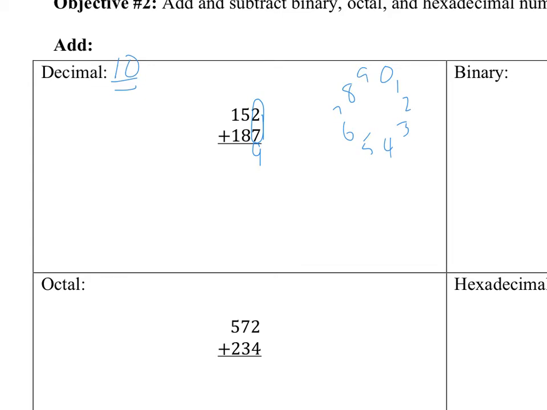The moment we pass 9, we have extra digits and we carry. So remember, 8 plus 5 is 13. So we've gone higher than 9. So when we go higher than 9, we'd put a 3 here and we carry the 1 here. Okay, and then 1, 2, 3. So that's decimal. You guys are aware of that.